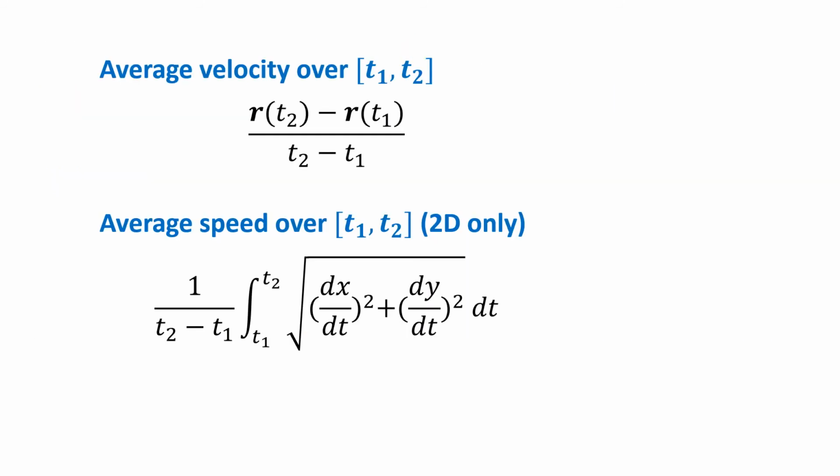Okay guys, take note of these two very important formulas, and I hope you understand their derivation. One is for average velocity over a time interval, and the other one is average speed over a time interval. Drawing on your understanding from kinematics, motion in one direction, understand what average velocity is all about.